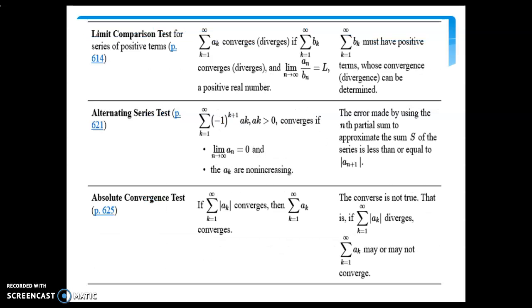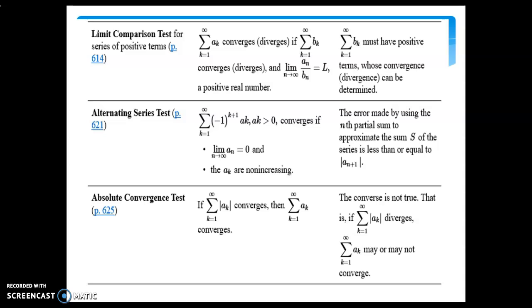Okay, also the limit comparison test. In the limit comparison test, we will have a series of positive terms. If a sub k converges or diverges, that means b sub k also will converge or diverge.